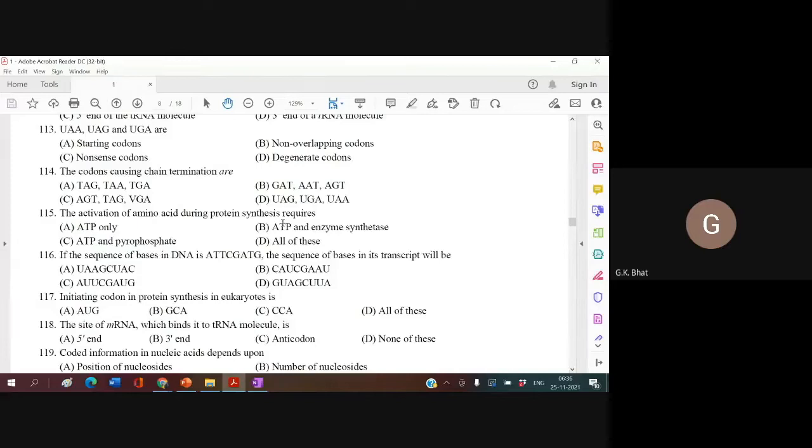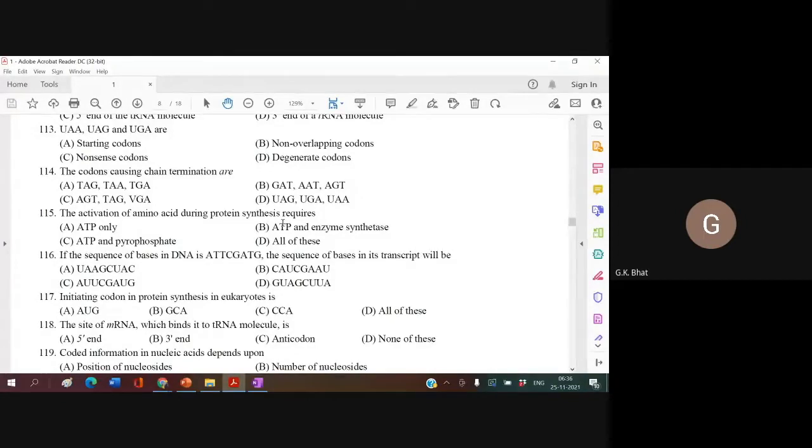Please take it down. A nonsense codon is the one for which no normal tRNA exists. So when that codon is there, when the protein synthesis machinery passes nearby that, protein synthesis stops. Because in that region, no fresh tRNA comes and offers its amino acid to the growing chain in the P site.